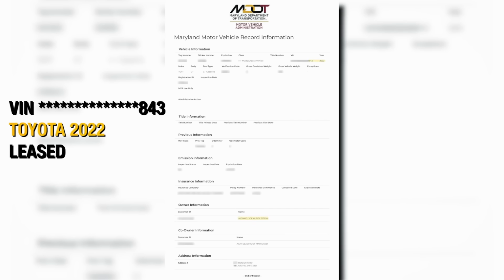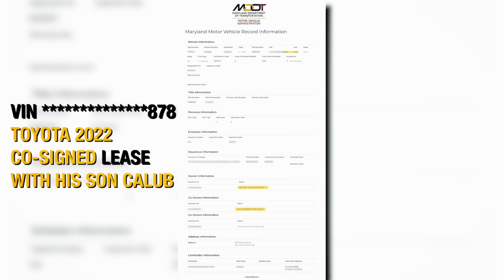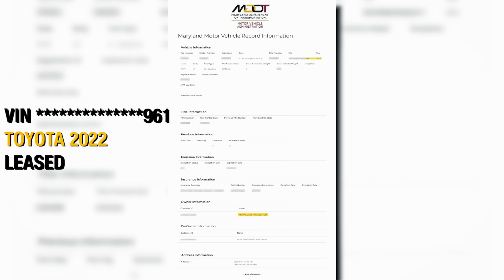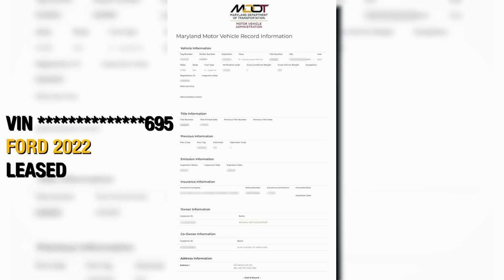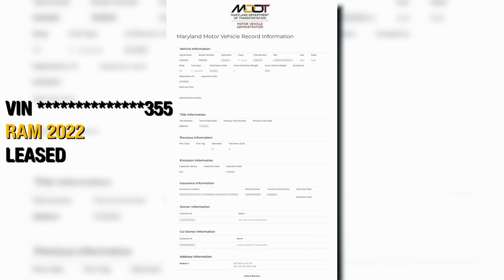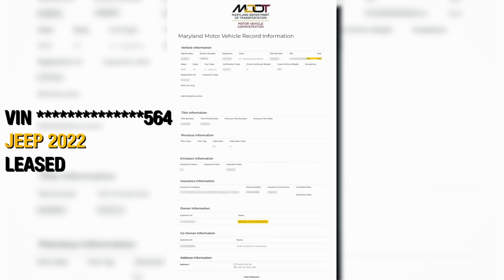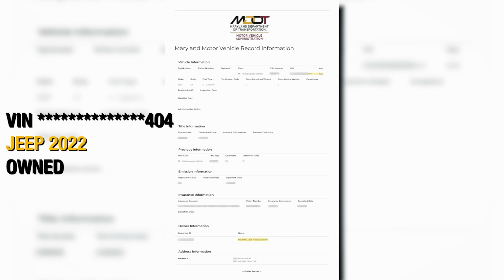In addition to these Corvettes, Michael had 6 more leased vehicles and just 1 owned car, totaling 9 vehicles. 843 2022 Toyota, leased. 878 2022 Toyota, co-signed lease with his son Caleb. 961 2022 Toyota, leased. 695 2022 Ford, leased. 355 2022 Ram, leased. 564 2022 Jeep, leased. 404 2022 Jeep, owned.